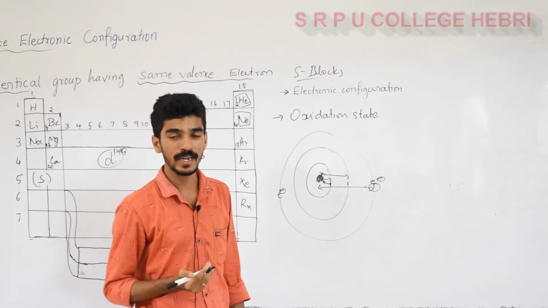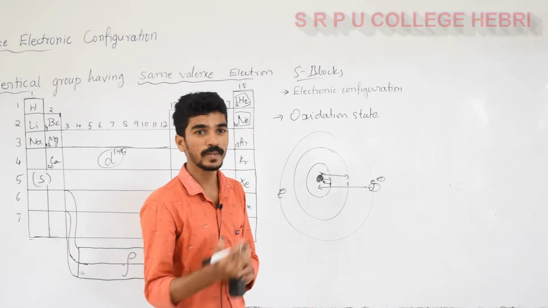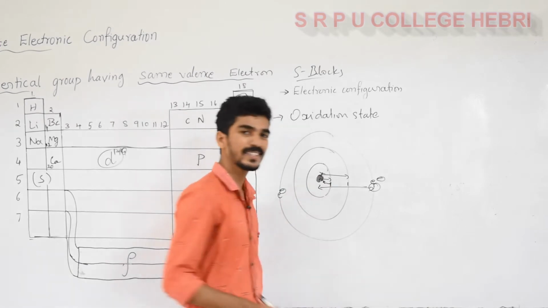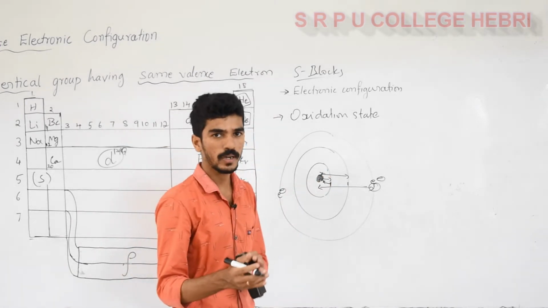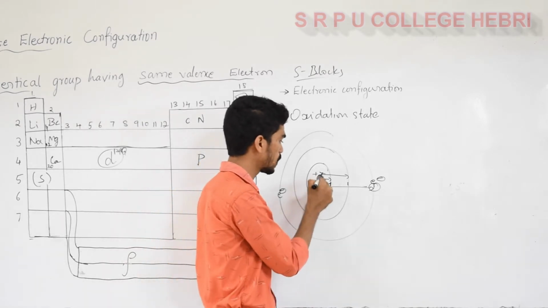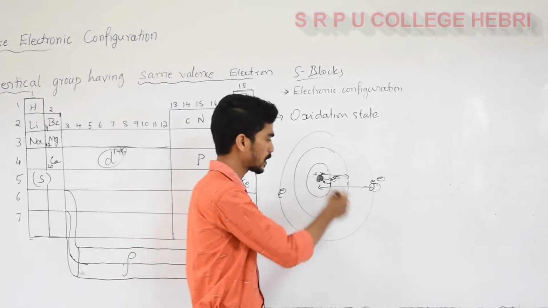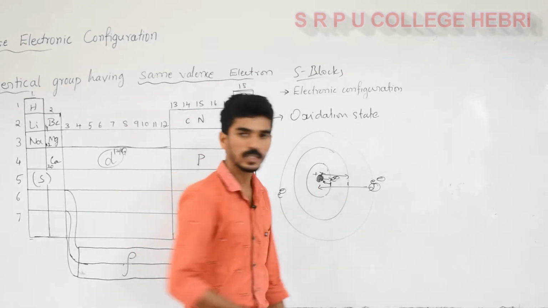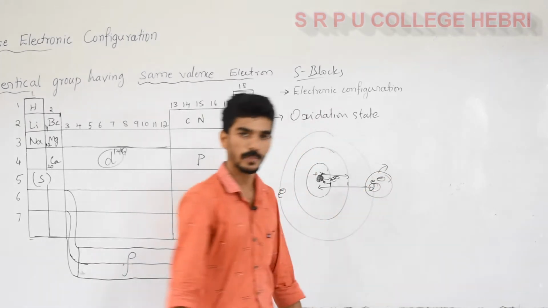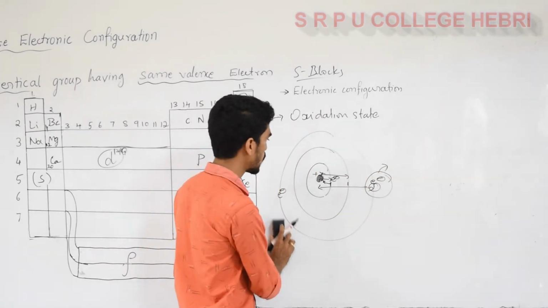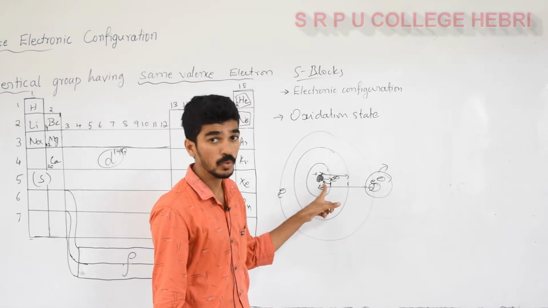The innermost or very close electrons are attracted by the nucleus through an electrostatic force, and unlike poles attract each other. The ones that are far away are not attracted, and these can be easily removed. Removing is easy, but adding to the innermost is difficult.